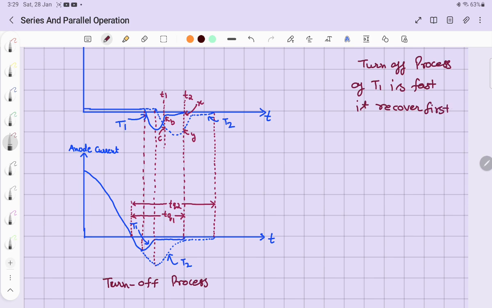Here you can see it recover here at TQ1. The anode current: we know the thyristor is turned off the moment its anode to cathode current is less than the holding current.